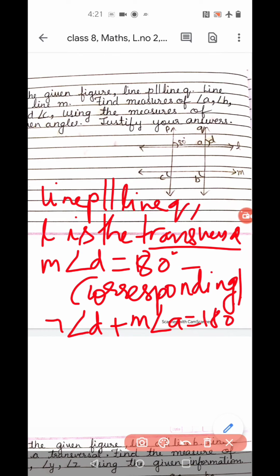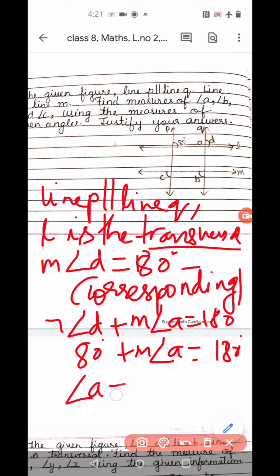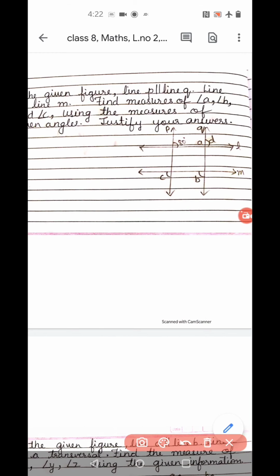Now, we know that measure angle D is equal to 80 degrees plus measure angle A is equal to 180 degrees. So measure angle A is equal to 180 minus 80, which is equal to 100 degrees. So measure angle A is 100 degrees.